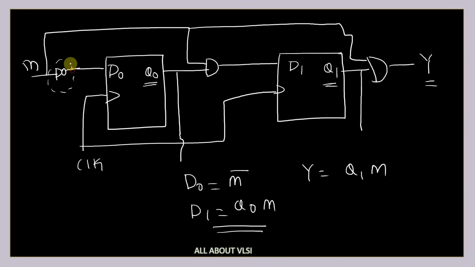Depending upon your input only, your next output of the flip-flop is decided. This input must travel through this combinational logic, and only then will you determine your next state. So the output of Q0 should travel through this combinational logic so that you get the next state of the flip-flop. So the next state is determined by combinational logic.